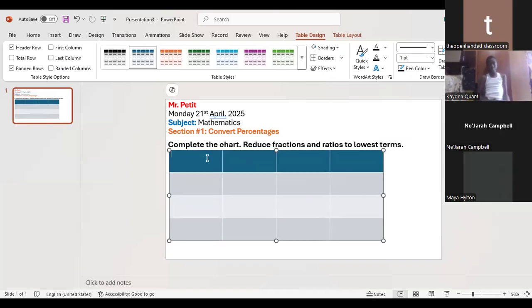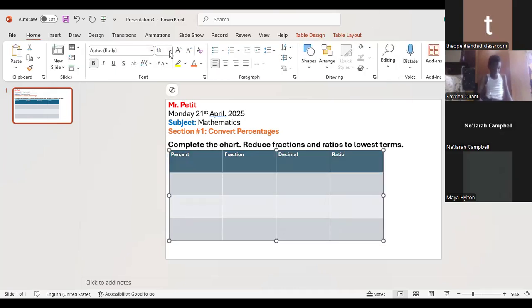Let's say for this one we have percent, for this one fraction, for this one decimal, and for this one ratio.